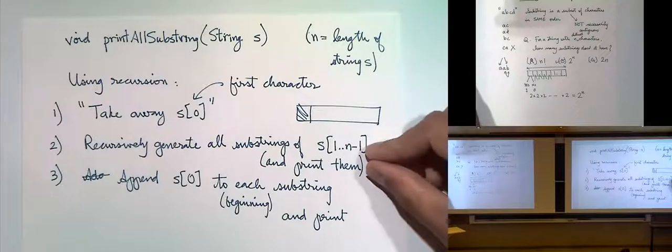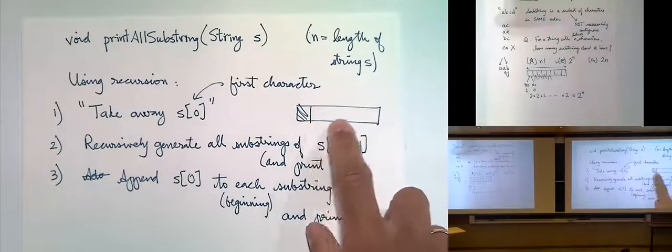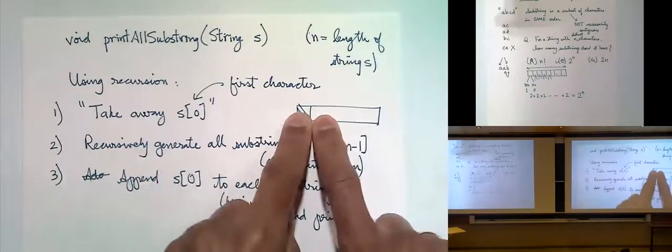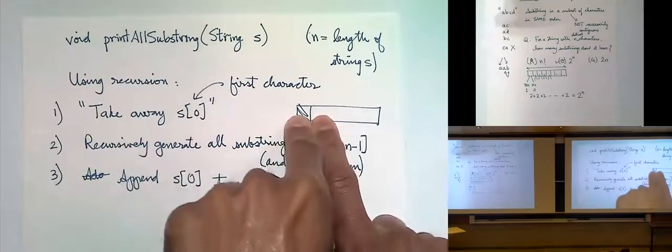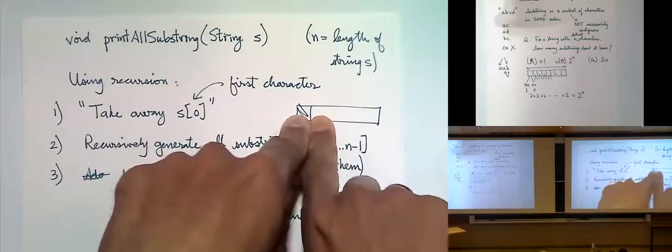So note that this recursive function seems to be doing something very similar to this, meaning that it's generating all the substrings here. In the second call, you don't append anything to the beginning. And in step 3, you actually append S0. Am I making sense here?